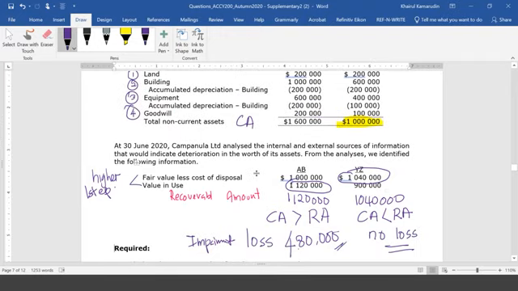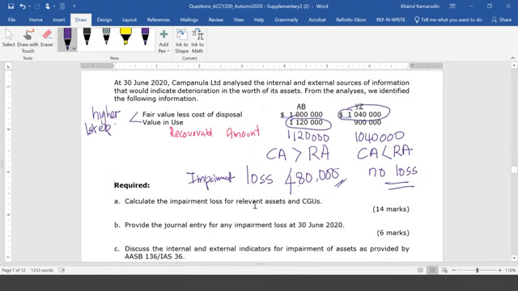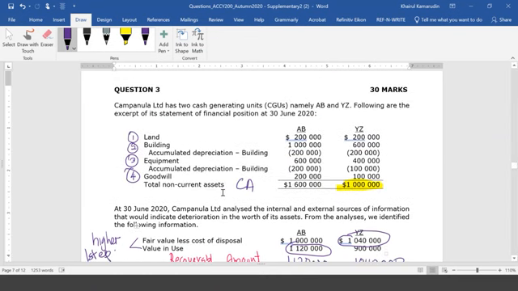The accounting standard clearly states that the first thing you are going to do is allocate that loss to goodwill, intangible assets. So this 480,000, you are going to minus your goodwill of 200,000.